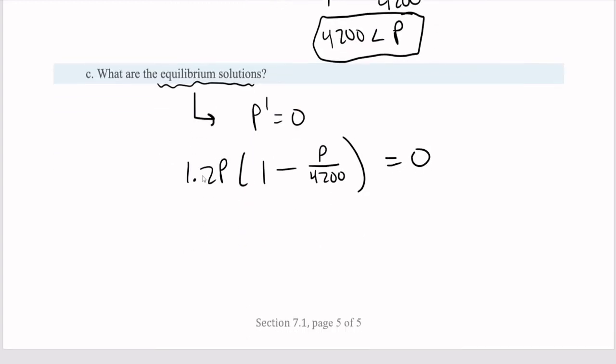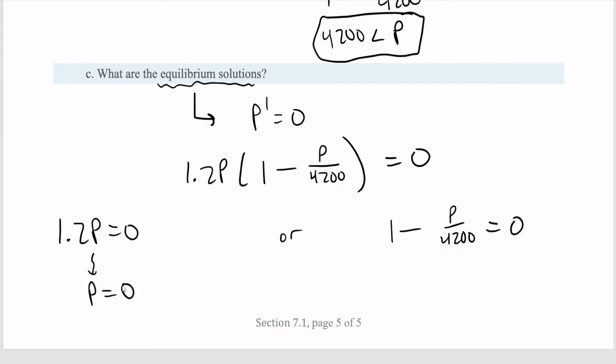So, okay, how do I make multiplying two numbers 0? Well, there's cases. 1.2p equals 0, or 1 minus p over 4200 is 0. This one's not too hard to solve. The population could be 0. If there's no bacteria, you're not making more bacteria. They do not pop into the universe out of nothing.